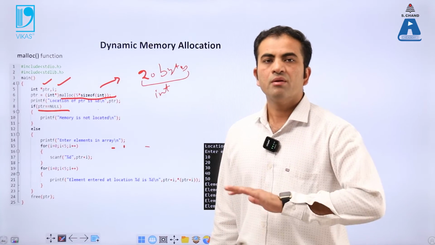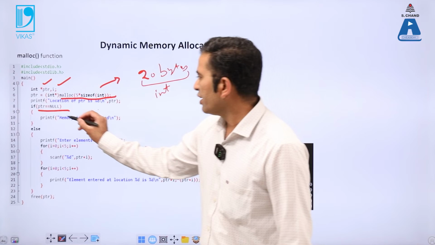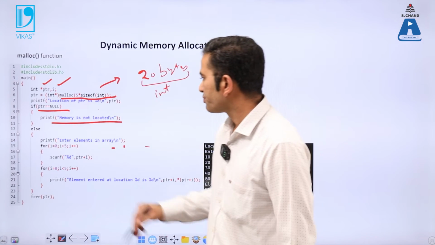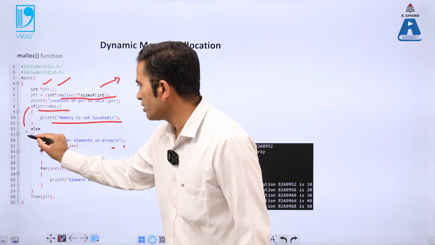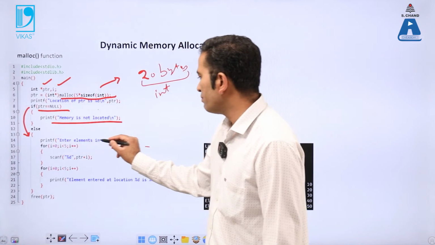That means memory is not available or memory is not provided. So if ptr equal to null, that means memory is not allocated. Else, if it is not null, that means memory is allocated, then enter the elements of an array.